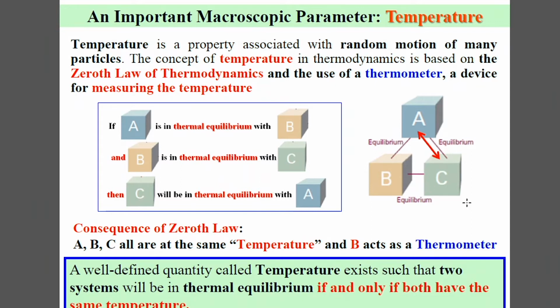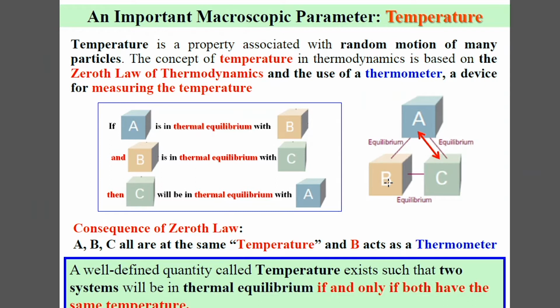Here B is in equilibrium with A and B is in equilibrium with C, so B is acting as the thermometer. So the thermometer concept is devised based on the 0th law. A well-defined quantity called temperature exists such that thermal equilibrium of two systems is possible if and only if the temperatures of the two systems are the same.